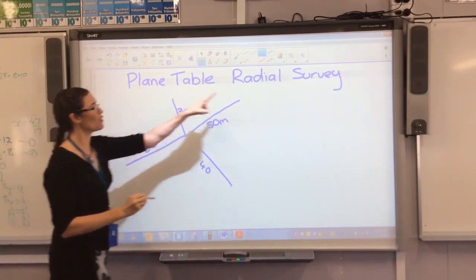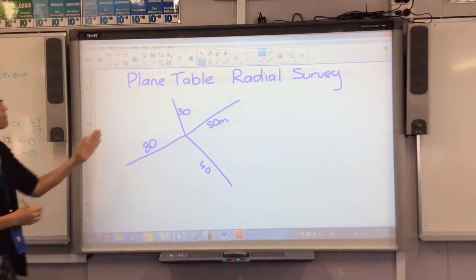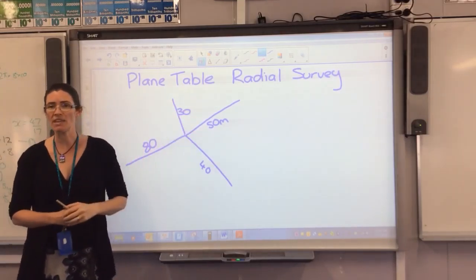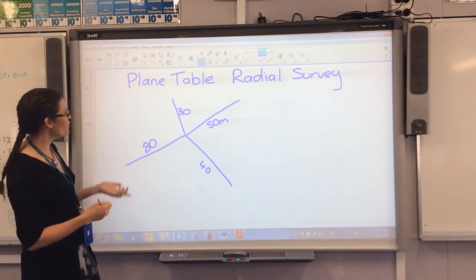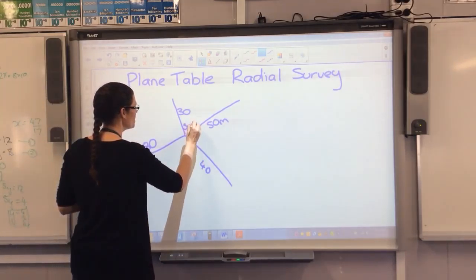So I've measured to each corner of the block of land. What I then do is I also measure the angle between these lines. So for example, this one here was 50 degrees.